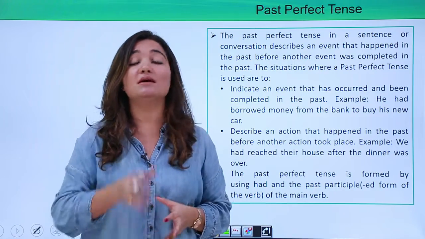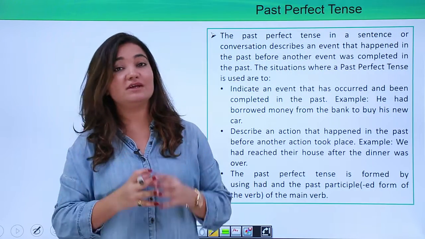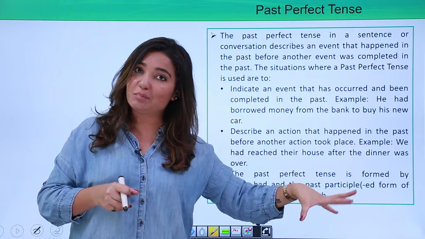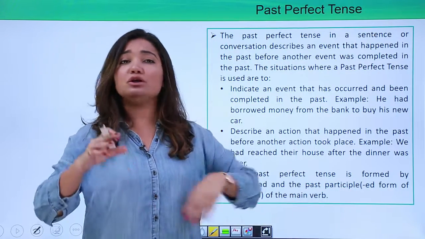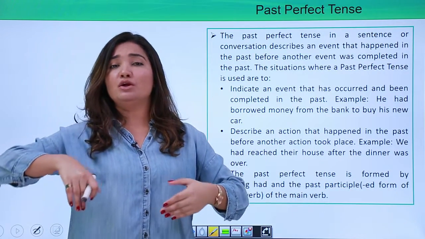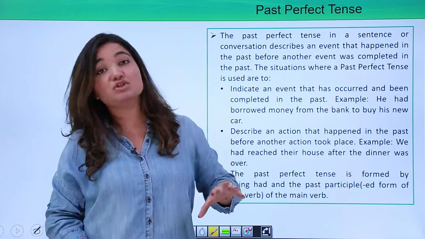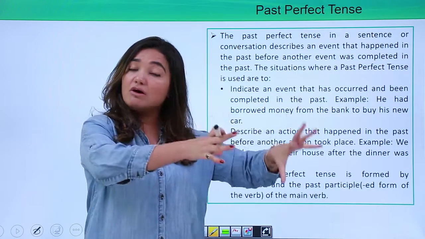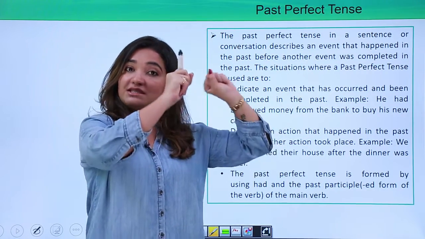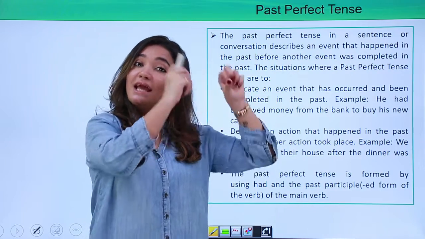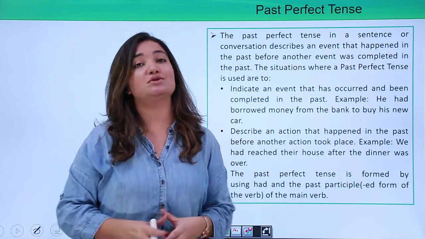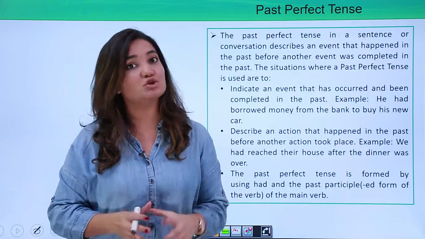That is the punch of past perfect tense. It could have been interrupted, or some other work could have come into the picture, but just remember that the work which had started, started and ended in the past. That is the main punch of past perfect tense.